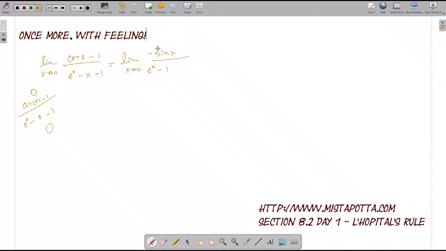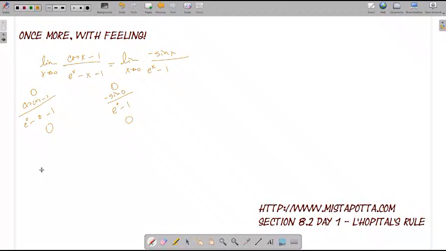The problem here is when I try and substitute, I'm going to have negative sine of 0, which is 0. And in the denominator, I'll have e to the 0 minus 1, which is 0. I get indeterminate form again.